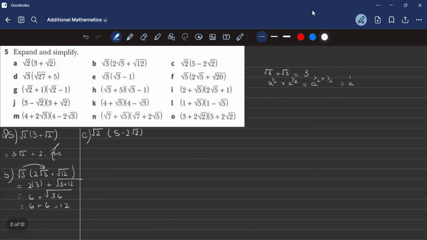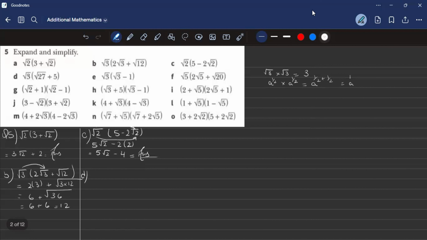Again, the same things are going to happen here. It's simple: 5√2 minus 2 multiplied by what is √2 multiplied by √2? We discussed that before. Both of them are equal to 2. So 5√2 minus 4 is supposed to be our answer. That is it. Let me just check it once more. Yeah, that's it.